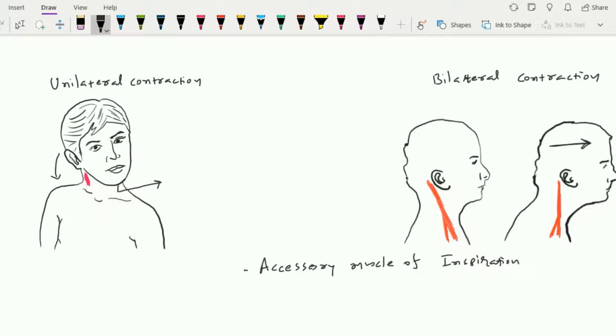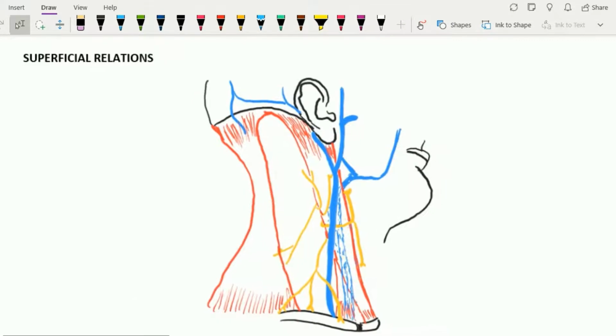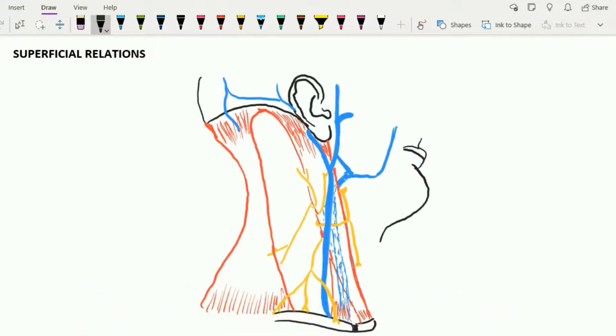Now let's see the relations of the sternocleidomastoid muscle. And for that, let's see the superficial relations of the sternocleidomastoid muscle. Here, this is the figure of the extended neck in lateral view, showing the superficial relations of the sternocleidomastoid muscle.